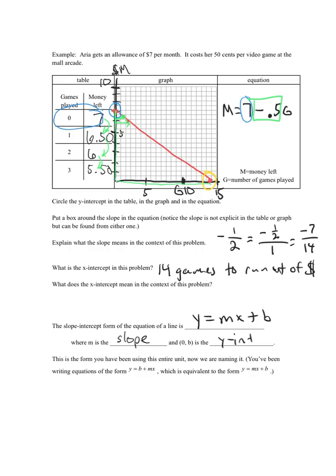So to just kind of circle those again, the b is your y-intercept, but notice that's 0, b. And the slope is your m from the equation. And so you can do that as b plus mx or mx plus b. Either form is really the same as long as you keep the signs consistent.